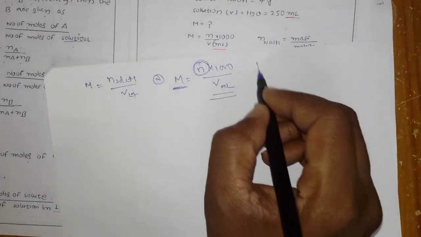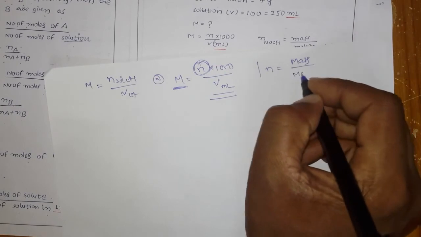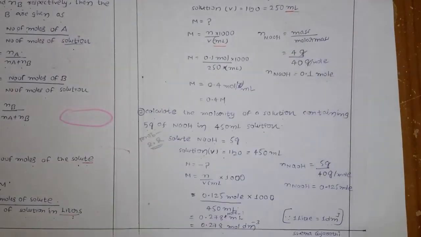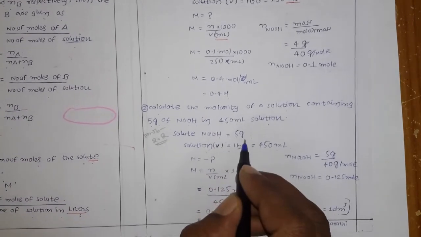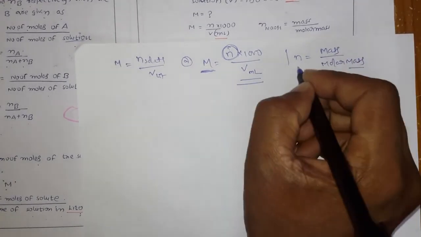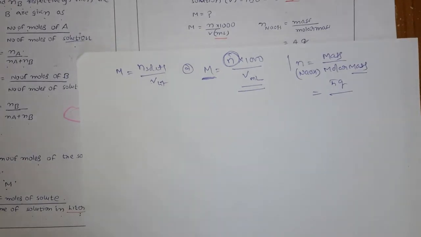Yes, obviously n is nothing but the mass by molar mass. The mass is 5 grams. Then what is the molar mass of sodium hydroxide? You have to calculate.